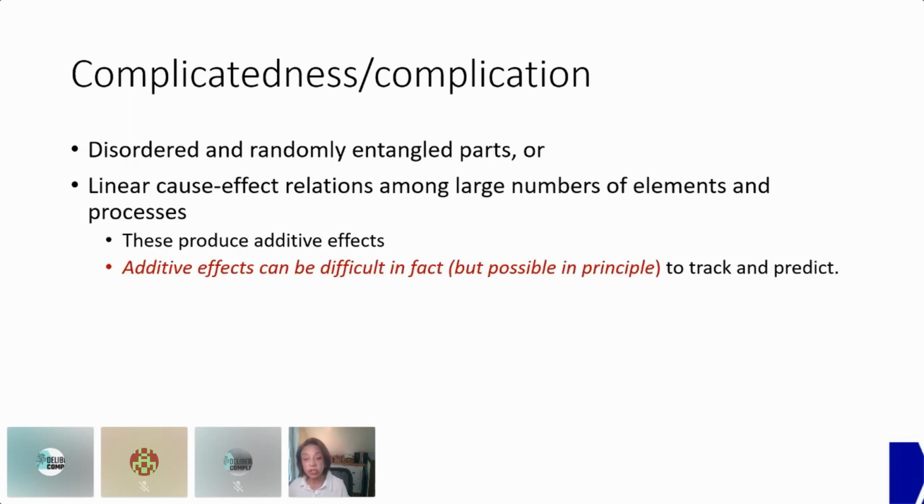I tend to use the term component when I think of complex systems. So one characteristic of complicated systems is that the relations between the parts and how they interact are usually linear. They are usually cause and effect relations that produce additive effects.